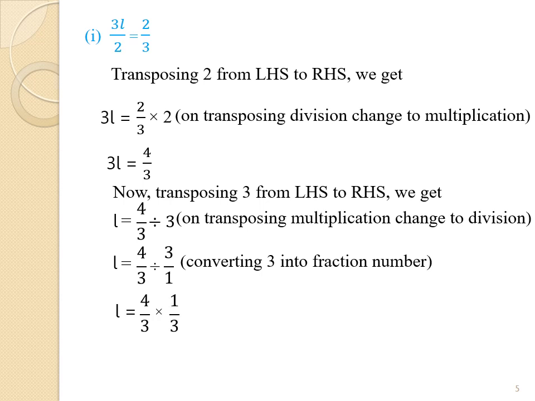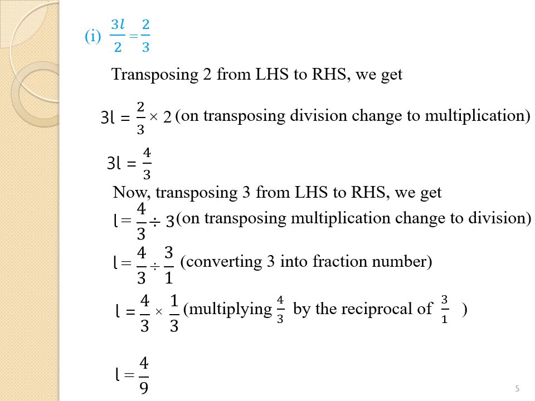Now, multiplying 4 by 1 and 3 by 3, we get L equals 4 upon 9. So, L equals 4 upon 9 is the solution of 3L upon 2 equals 2 upon 3.